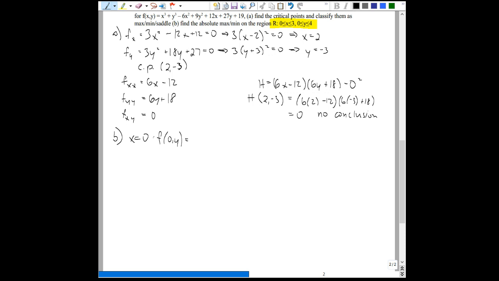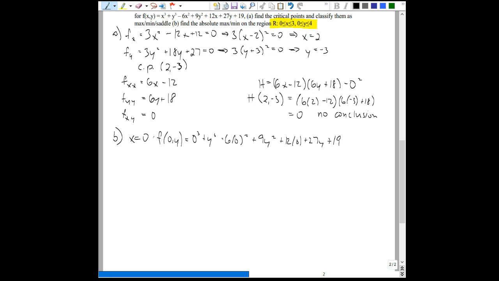f of (0, y) is going to be 0 cubed plus y cubed minus 6 times 0 squared plus 9y squared plus 12 times 0 plus 27y plus 19.